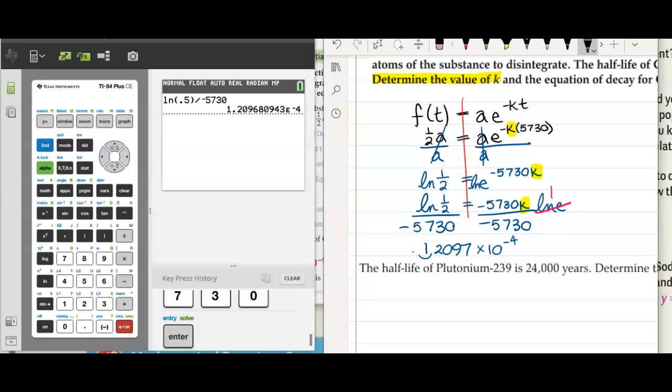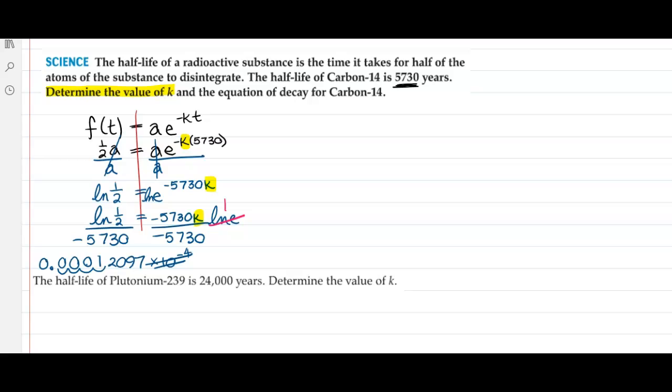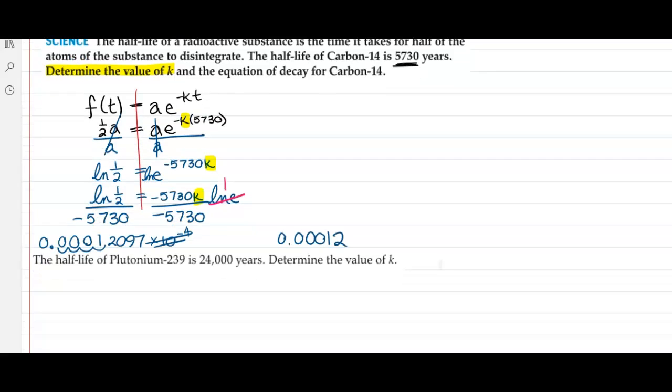Move this 1, 2, 3, 4. That would be my answer. A reasonable answer would be to say that the rate is 0.00012. It's probably enough decimal places to round to.